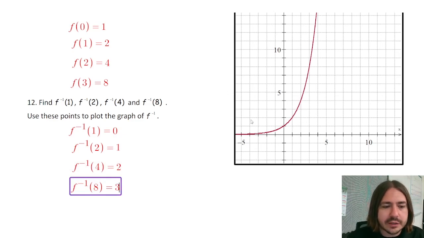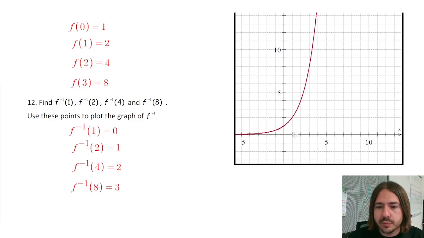Okay, so let's plot these points out. (1, 0) will be here. (2, 1) right here. (4, 2).